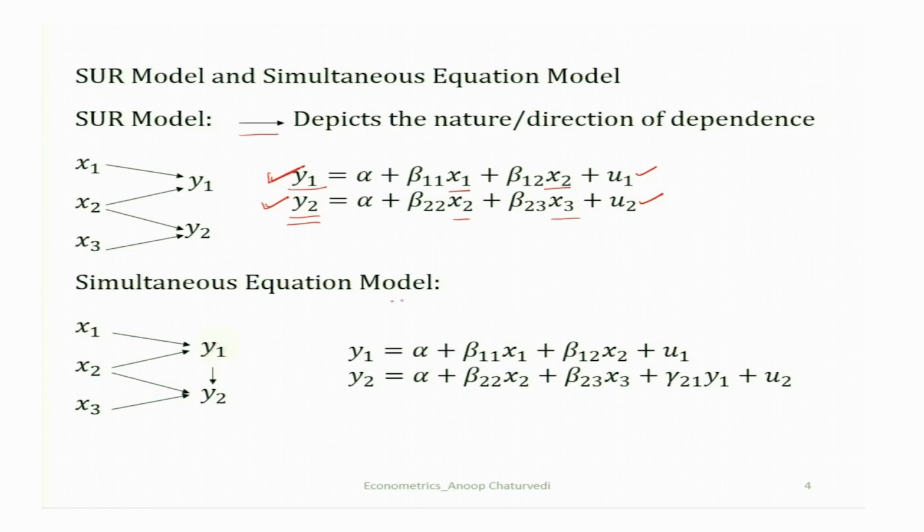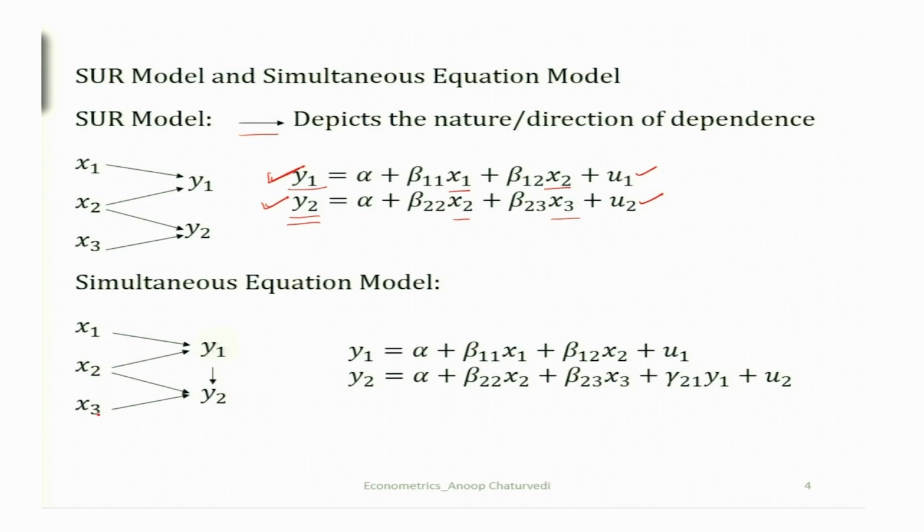In the simultaneous equations model, the nature or direction of dependence is like this. Suppose y 1 is influenced by x 1 and x 2. So, the model for y 1 is y 1 equal to alpha plus beta 1 1 x 1 plus beta 1 2 x 2 plus u 1. Then y 2 is influenced by x 2 and x 3.